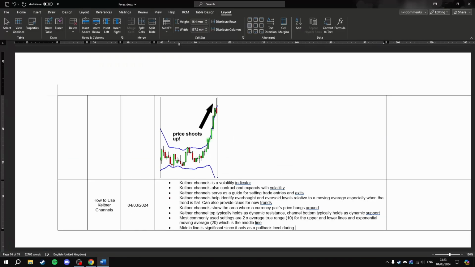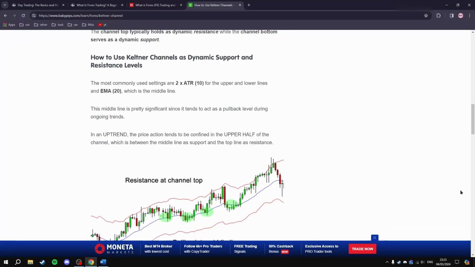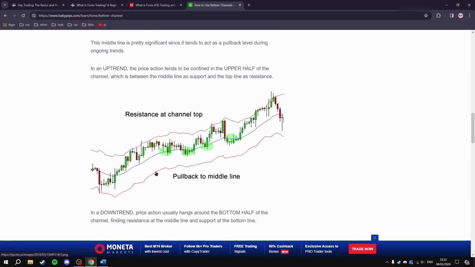In an uptrend, the price action tends to be confined in the upper half of the channel, which is between the middle line as support and the top line as resistance. So the uptrend is here, price mostly tends to be up in here and not in here.